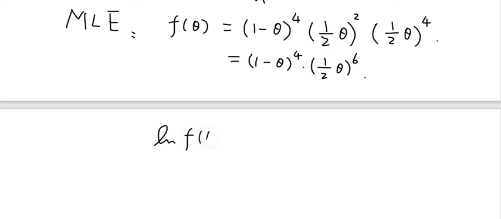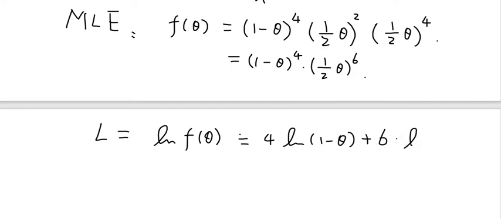If theta is big, then ln f theta is also big. So we call this the L function. L theta equals 4 log 1 minus theta, plus 6 log half theta, right?